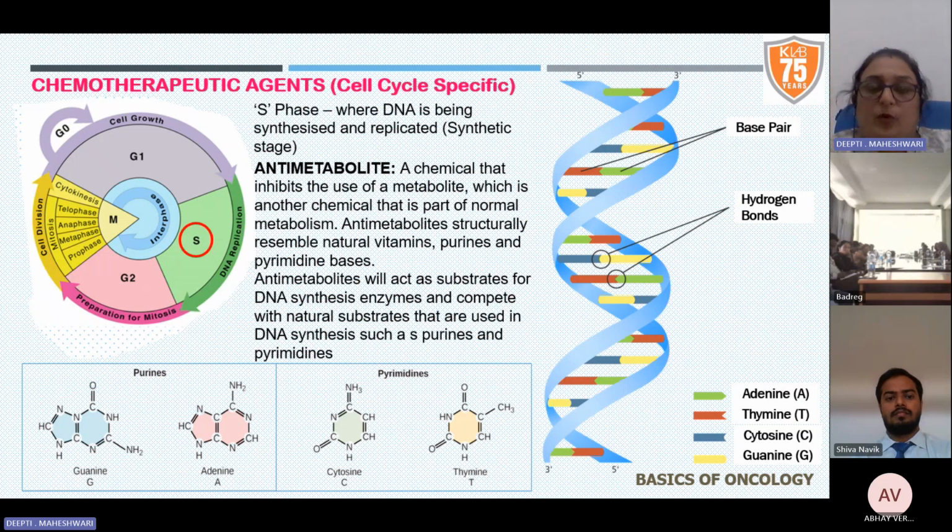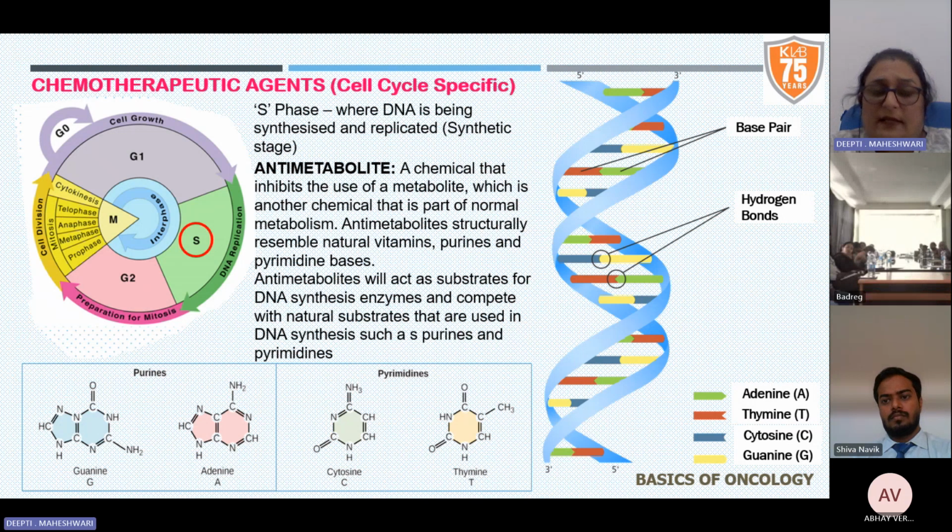Now, first and foremost, this chemotherapeutic agent acts on the S phase. What is the S phase? It is called the synthetic stage, or the stage where the DNA replication takes place. So your antimetabolites are going to act on the S phase. Now, what are antimetabolites? A chemical that inhibits the use of a metabolite, which is another chemical that is part of a normal metabolism.